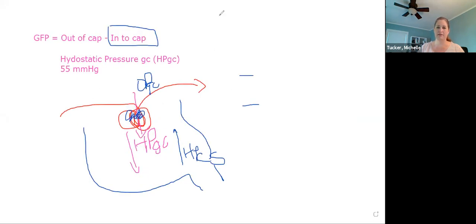So we have a negative 15 from the hydrostatic pressure of the capsular space, and a negative 30 from the osmotic pressure of the glomerular capillaries.